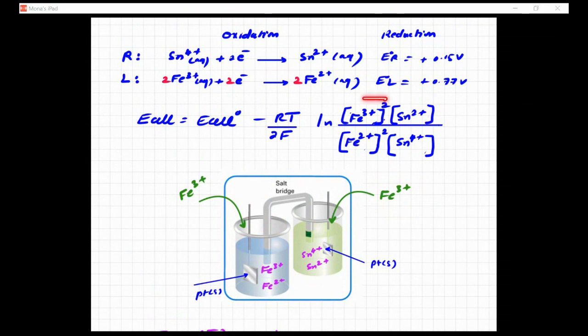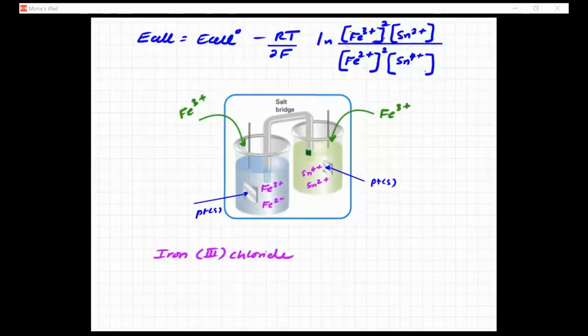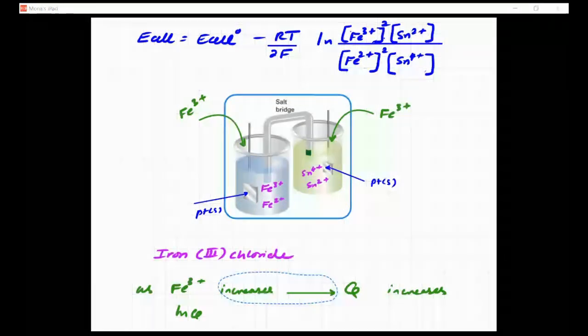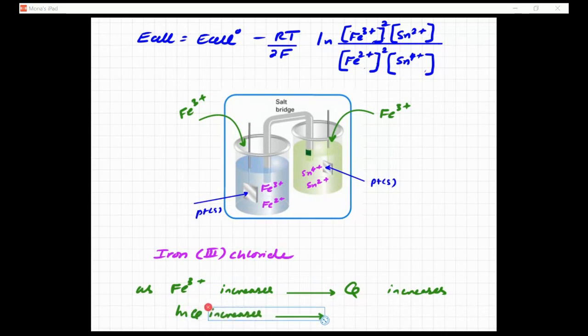It will be affecting only this side. So if Fe3+ increases, the quotient Q increases, right? Fine, then Q increases.